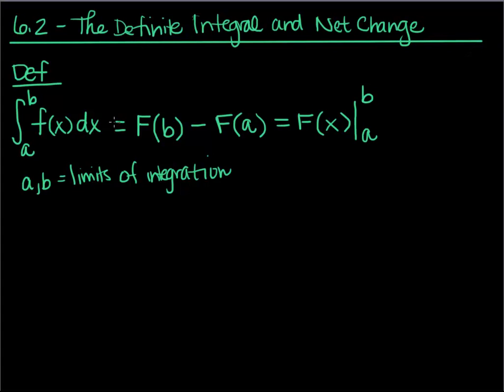And then, so what does this all mean, right? That's what you're asking. So great, Sarah, I take the antiderivative and I take b and I subtract a from it. But what does that actually mean?